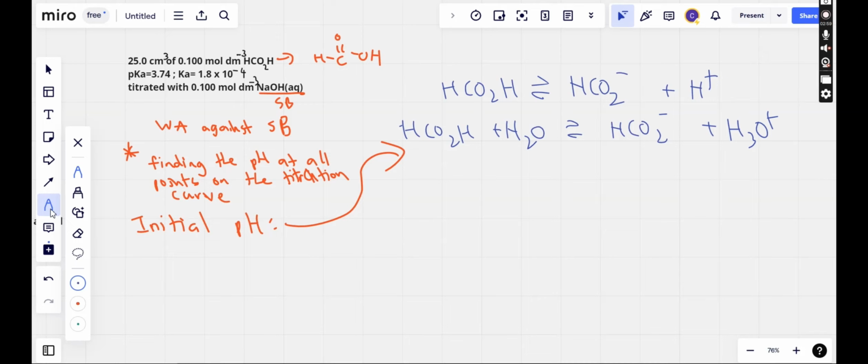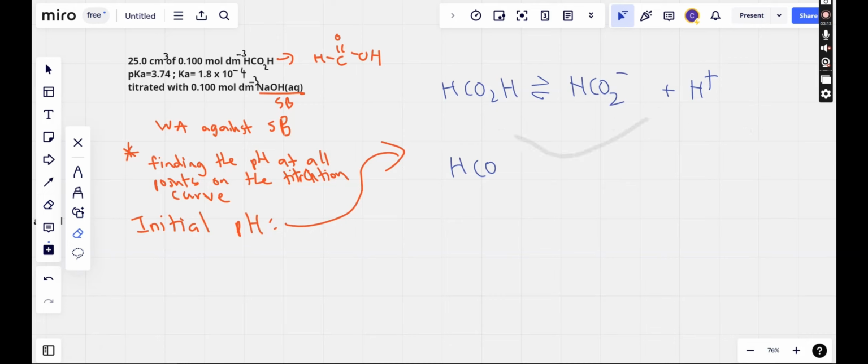Let me draw out an ICE table for you to see what's going on. Let me just erase this equation because I think you will get what I mean already. Okay, go back to the ICE table.